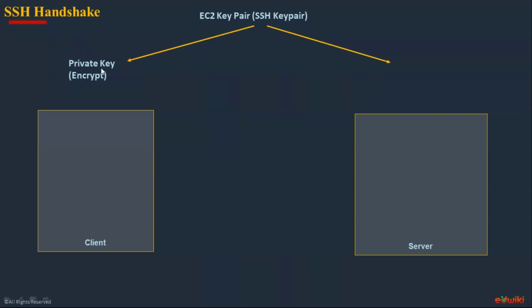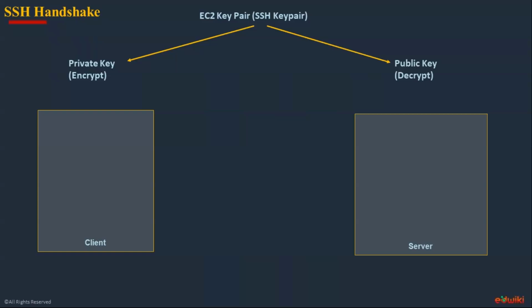One file is called a private key, the key which is downloaded to your local machine. Remember, when you create an EC2 key pair in AWS, one file will be downloaded, right? That file is called a private key, and one more file will be generated as part of this process. That key is called a public key.